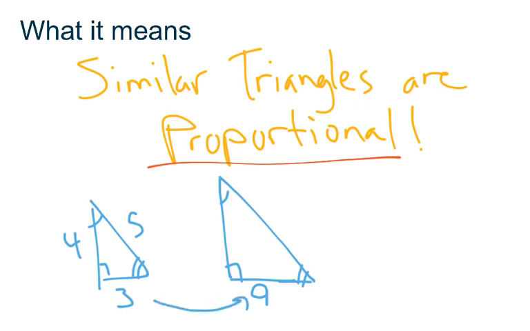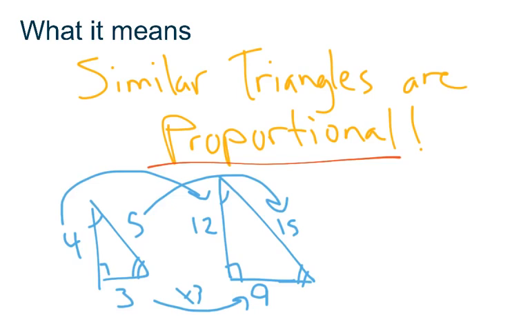To go from 3 to 9, we multiply by 3. We do the same thing here to get 12, and the same thing here to get 15. We can take any ratio of the sides, and they have to be equal to each other. So if we did 15 over 5, that has to be the same as 12 over 4. So similar triangles are proportional.